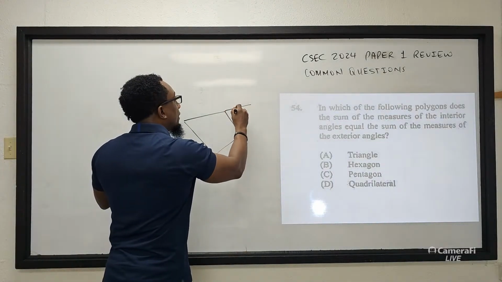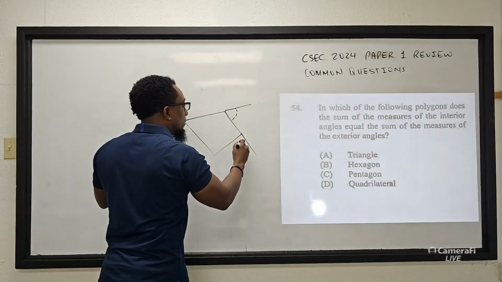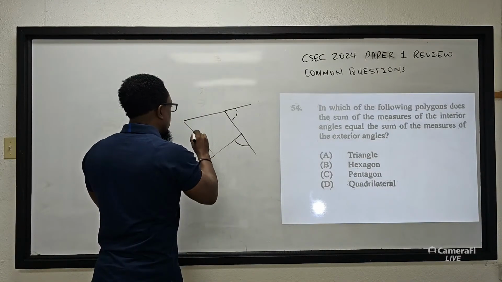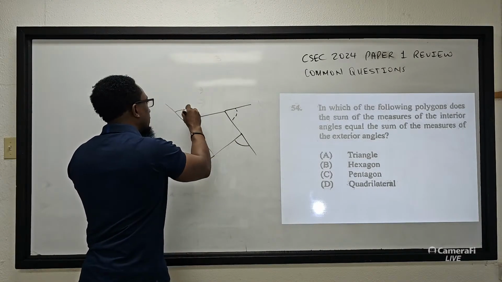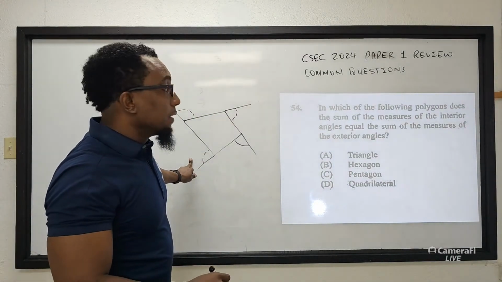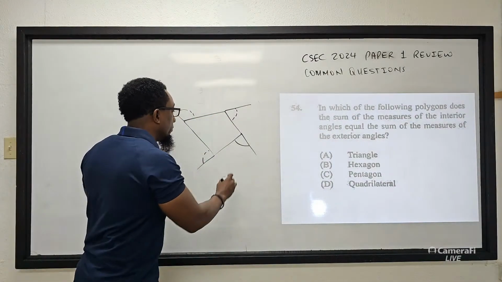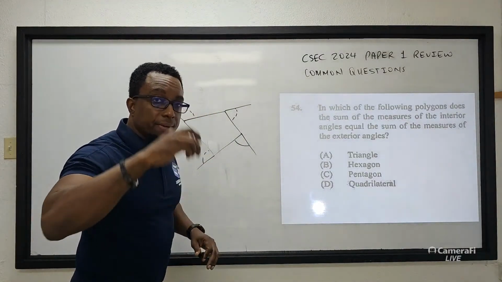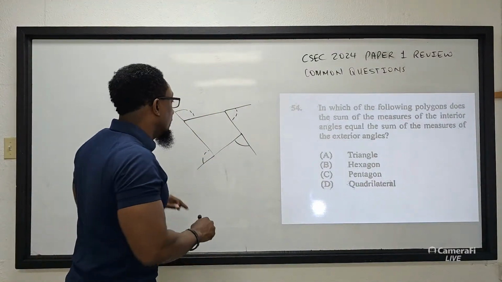All the exterior angles, all the angles outside, all exterior angles of any polygon must be equal to 360 degrees. So the sum of exterior angles of any polygon is 360.